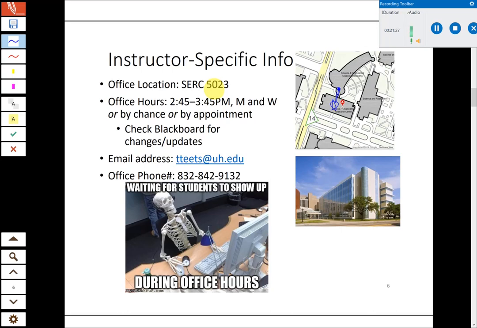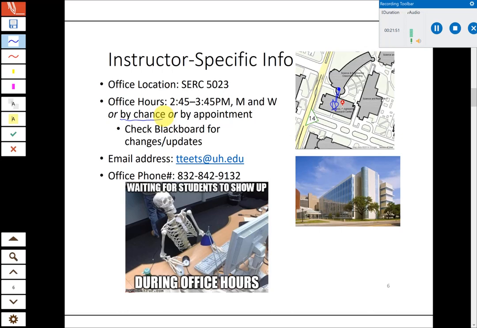The other way you can come to my office is the office hours are, as I say here, by chance. That basically means you're always welcome to stop by, and if I'm there and I'm not doing anything else, I'll talk to you, no problem. Of course, I say by chance because I'm not always there and I'm not always not busy. Believe it or not, I have things I have to do once in a while.